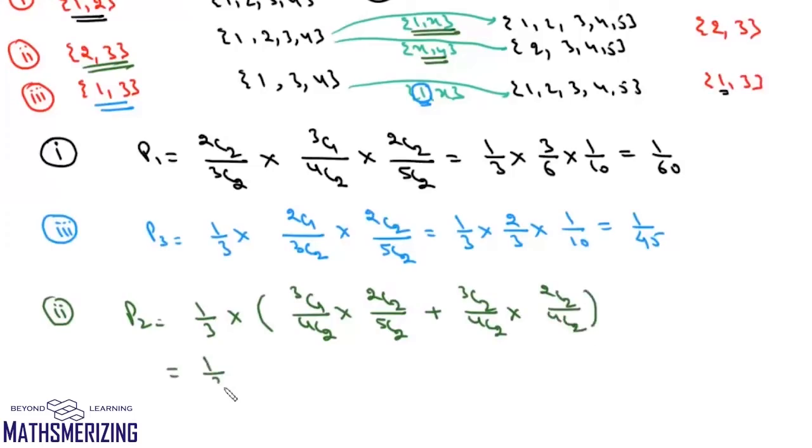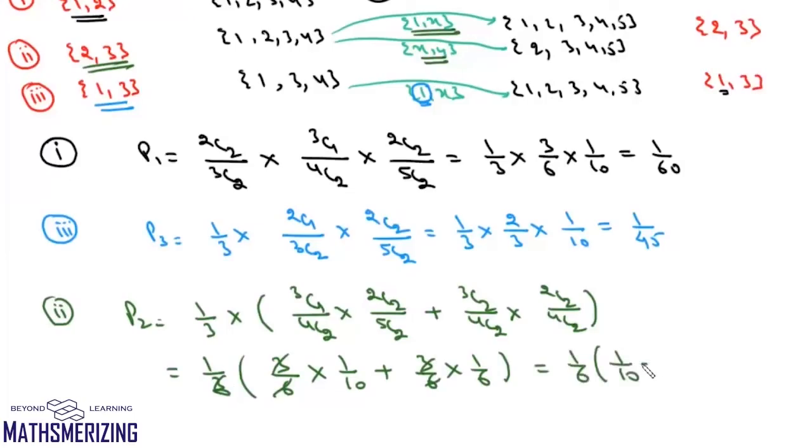Now it'll be 1 by 3 into 3 by 6 into 1 by 10 plus 3 by 6 into 1 by 6. Now this is 1 by 2, so we'll take this 1 by 2 common. So it'll be 1 by 6 and then 1 by 10 plus 1 by 6, which is 8 by 180, and which is 2 by 45. So this probability is 2 by 45.